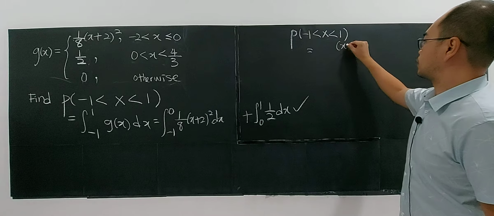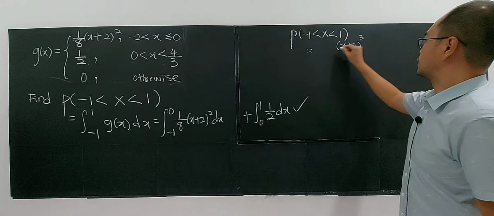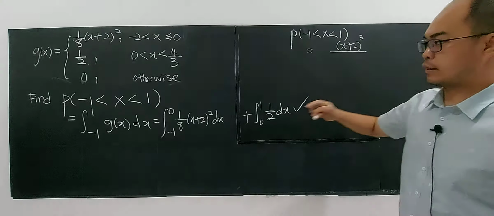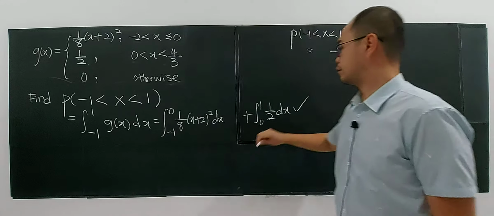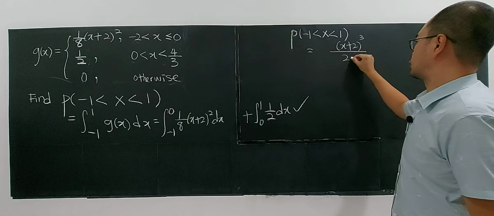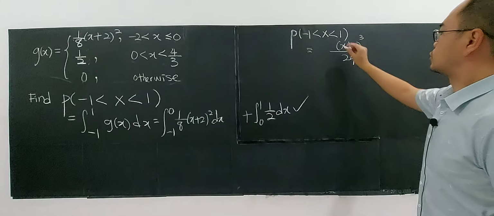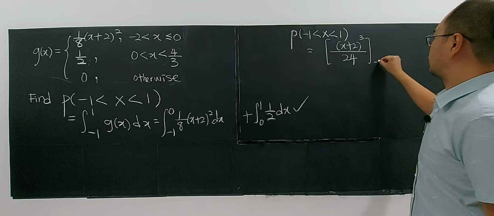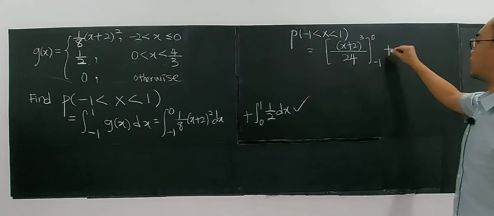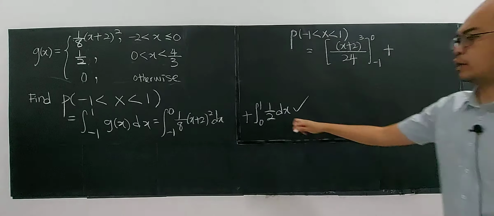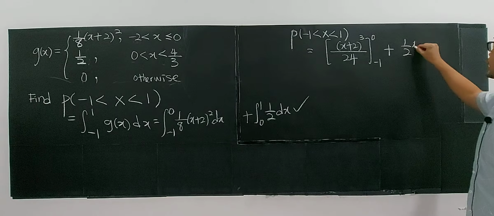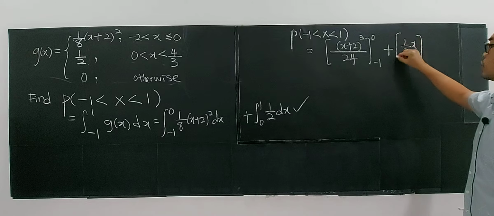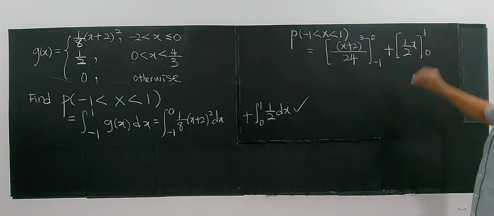You are getting (x plus 2) to the power of 3 divided by 3, and 3 times 8 is 24. So this is from negative 1 up to 0, followed by 0 up to 1. Integrate a constant 1 over 2, you are getting 1 over 2 x, from 0 up to 1.